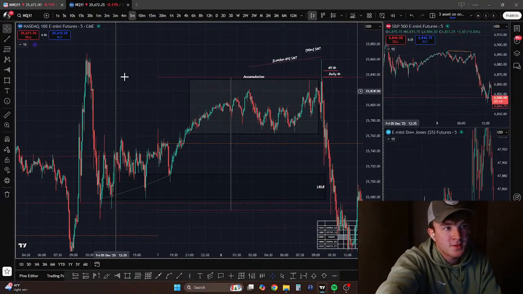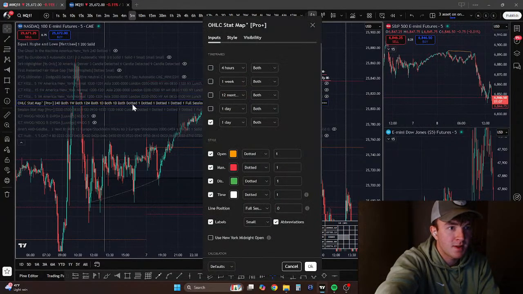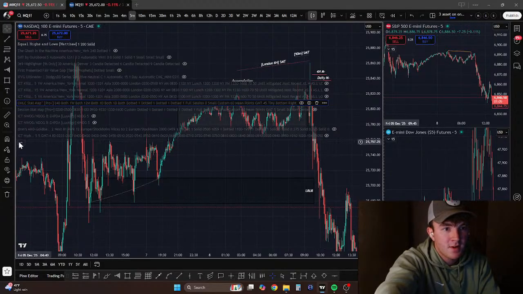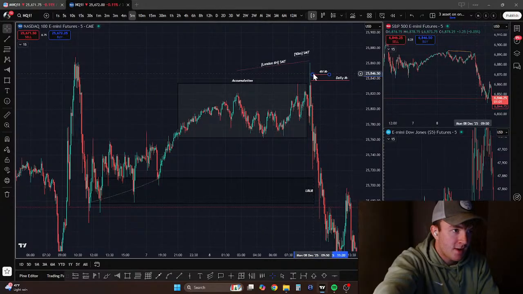We probably use some kind of 1 hour key level within this. Anyway, I think this is about as far as I'm gonna go, but clearly you guys can see the daily profile here.